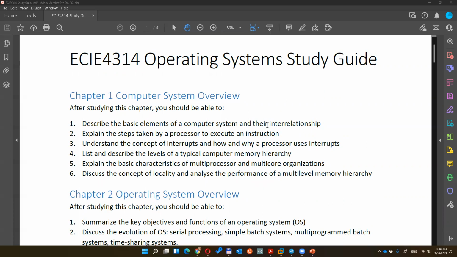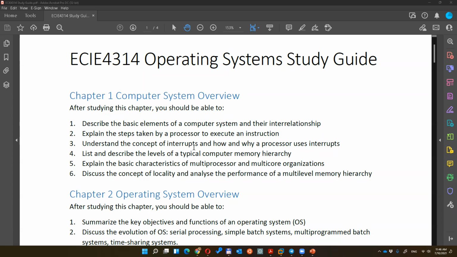The first learning outcome for chapter one, the computer system overview, is the continuation of your computer architecture course from year 3. The first one is to describe the basic elements of a computer system and their interrelationship, and explain the steps taken by a processor to execute an instruction.